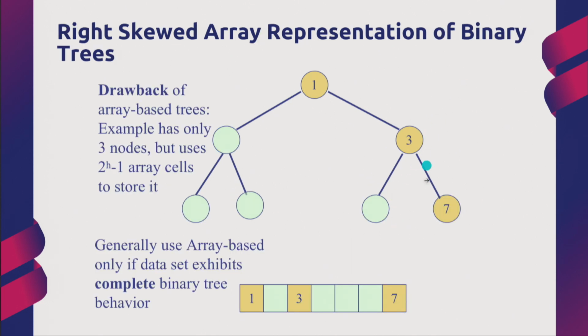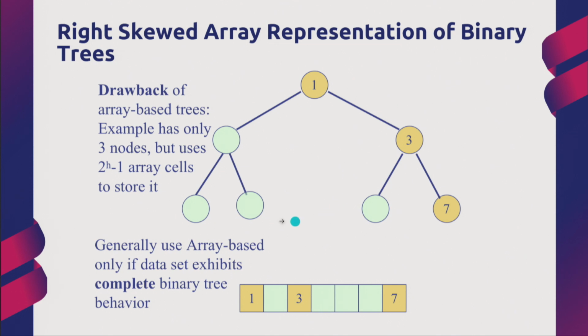Here we have one example where we can think that we have just 3 nodes in this tree. That is, the left subtree is completely absent, and the right subtree contains 3 nodes including the root.